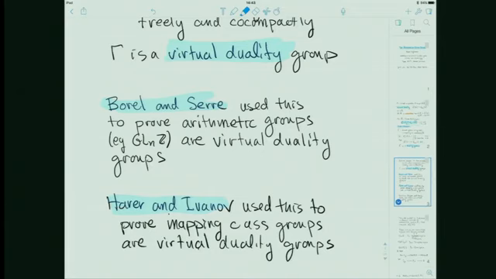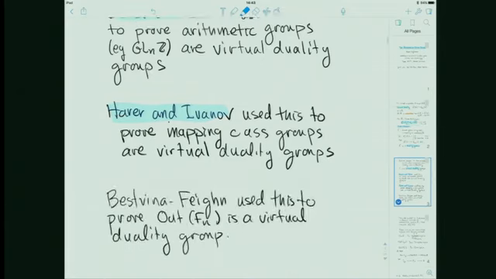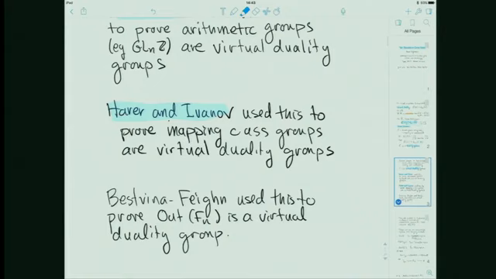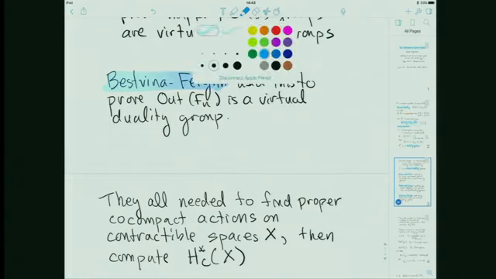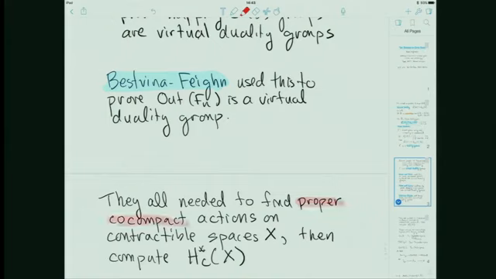And there's a group that I like, the group of outer automorphisms of a free group, and Bestvina and Feighn used this strategy to prove that the group of outer automorphisms of a free group is a virtual duality group. So in order to do this, they all needed to find proper co-compact actions on contractible spaces. These are important things: they need to be proper, they need to be co-compact, the spaces need to be contractible, and then they needed to compute the cohomology with compact supports of these spaces.